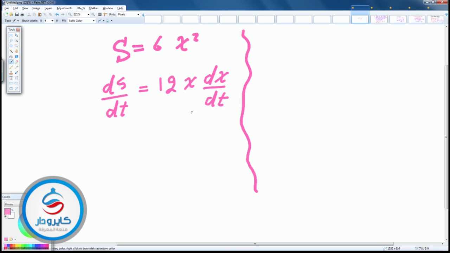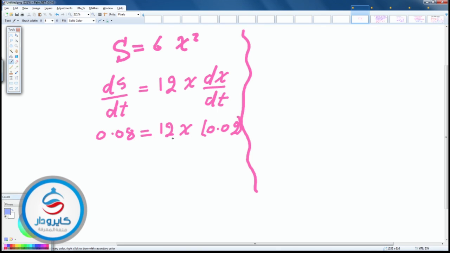By substituting instead of ds over dt and dx over dt, we will find that 0.08 equals 12x times 0.02.